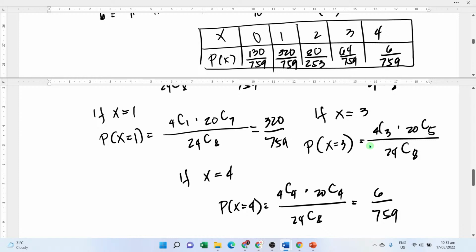Tignan natin. 4 combination 3 times 20 combination 5 over 24 combination 8. Wait lang, mali ako.